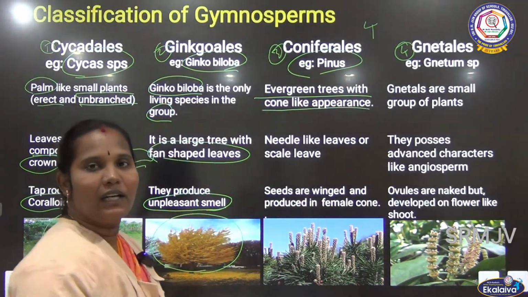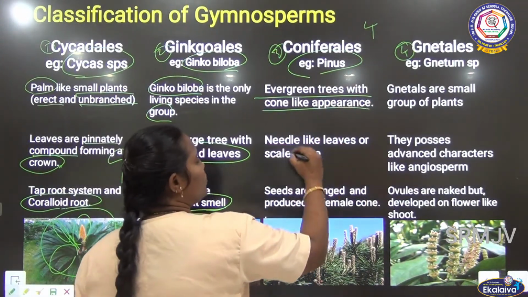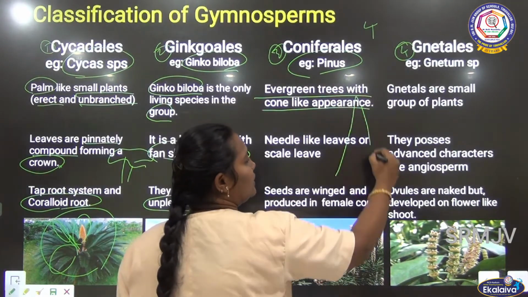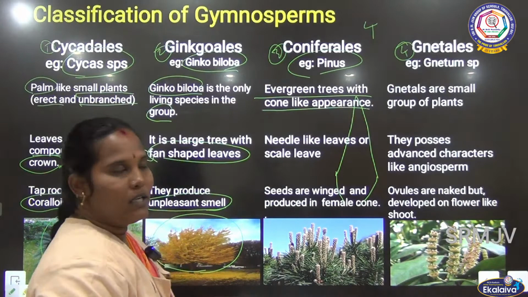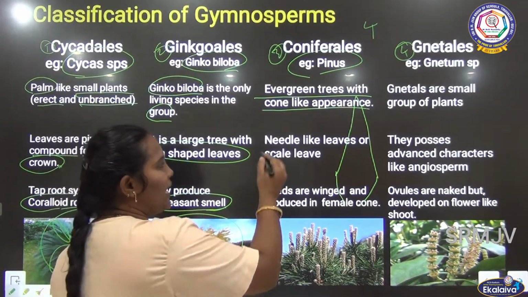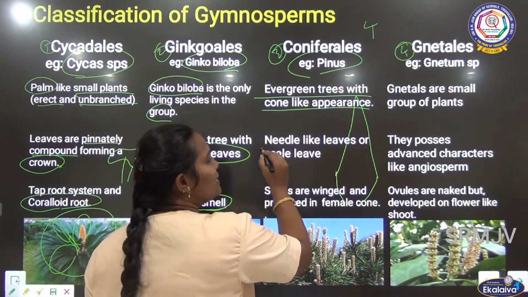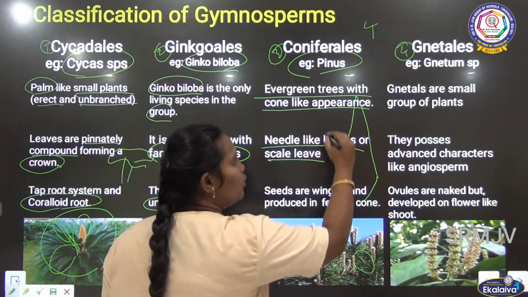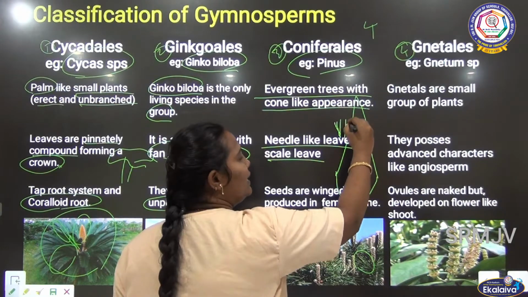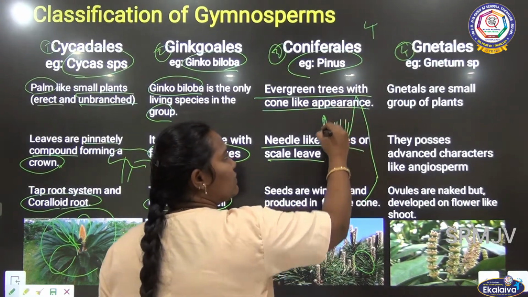The Pinus tree is looking like a cone shape. And then they have needle-like leaves as well as scale leaves. The leaves look like needles. Needles means very thin.